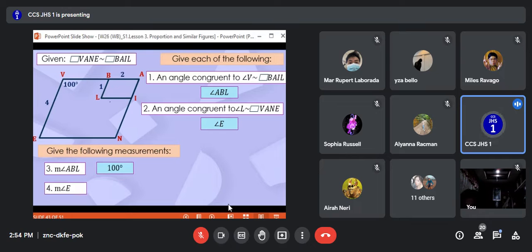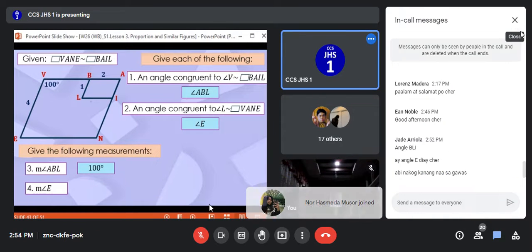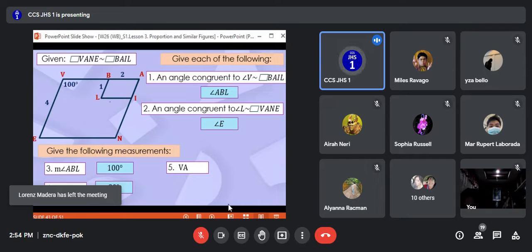Next, how much is angle E? Knowing that the given is a parallelogram. Let's have Sophia. 80 degrees, teacher. 80 degrees is correct because angle B and angle E are consecutive angles and they are supplementary. Okay. Now, how much is the measurement of segment VA?